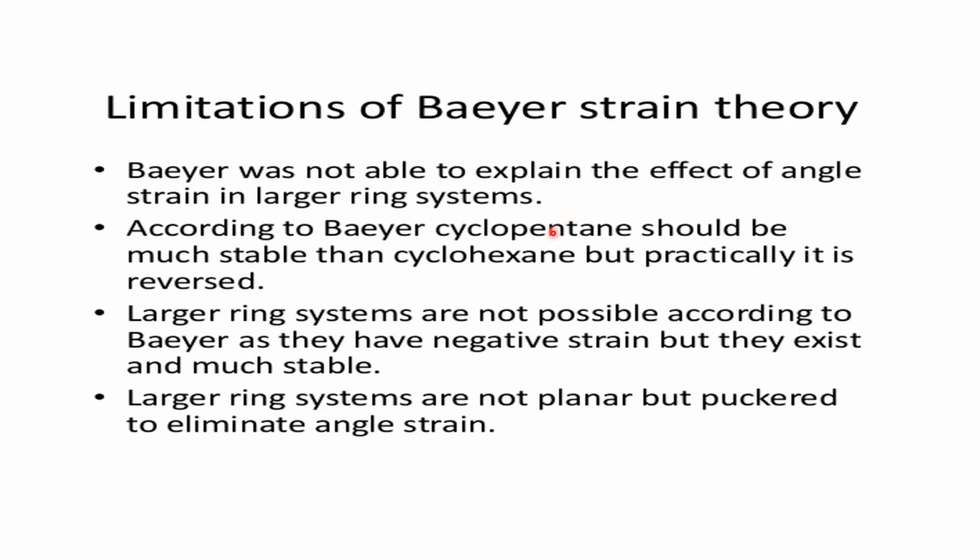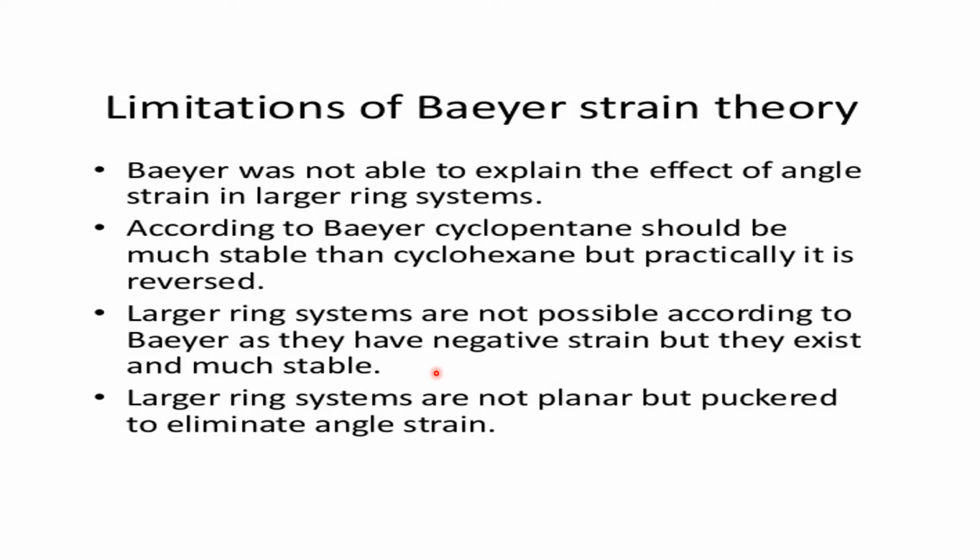He failed to explain why cyclohexane is more stable than cyclopentane, even though the angle strain is in reverse manner. Many of the higher cycloalkanes have negative angle strain, but they exist and are highly stable. Baeyer was not able to explain why this happens.